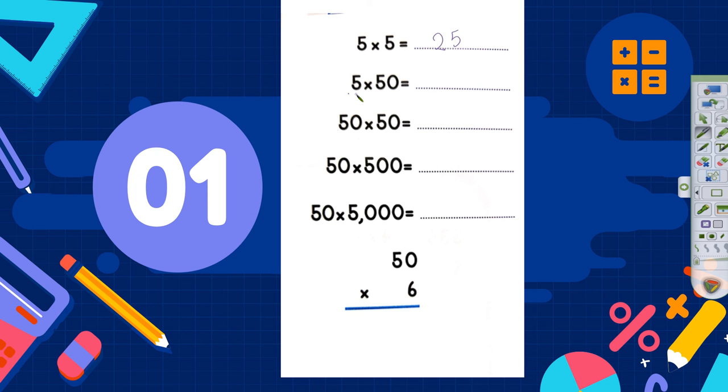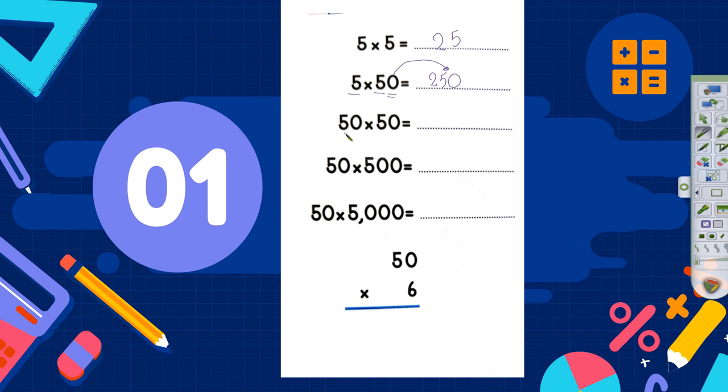Again, you multiply the basic fact, 5 times 5 equals 25. Step number 2, you count the number of zeros. Here we have just one zero, so we put it where? Great, to the right of 25. So the answer will be 250.